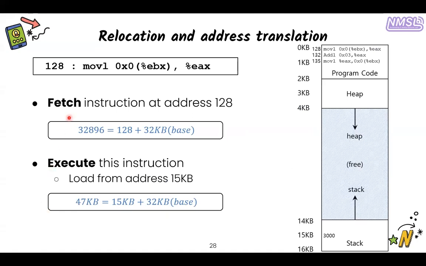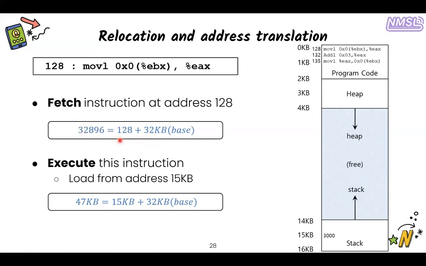So let's look at an example here. At address 128, you have this instruction. First you fetch the instruction at address 128. Here you had a base of 32K, and you're at address 128.